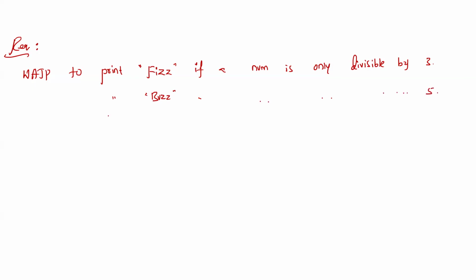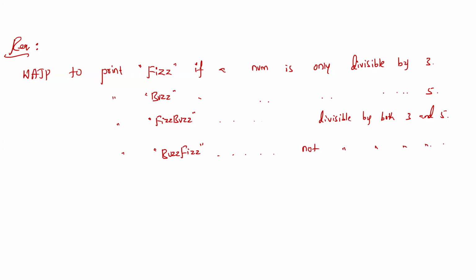Everything is the same. The next, print fizz buzz if a number is divisible by both 3 and 5. Same as one question only, like India, Australia, like that. Then last, print buzz fizz if a number is not divisible by both 3 and 5. This is the question.